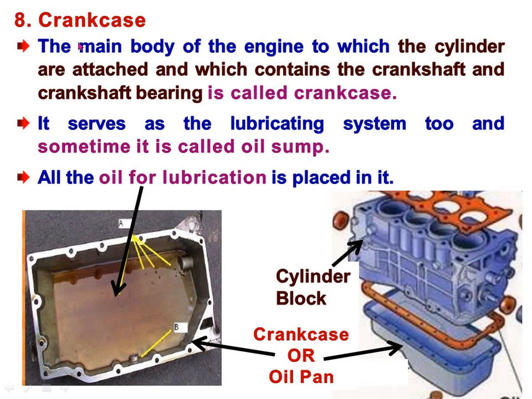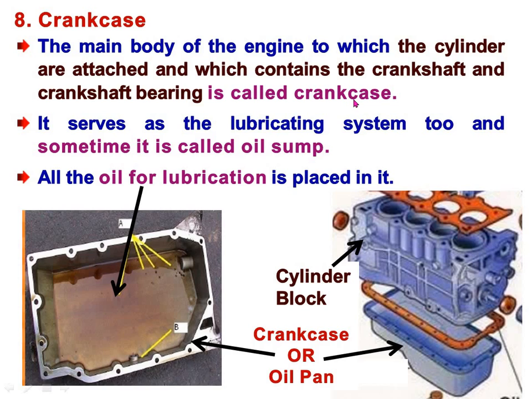Now, another part is the crankcase. The main body of the engine to which the cylinders are attached, and which contains the crankshaft and crankshaft bearing, is called the crankcase.